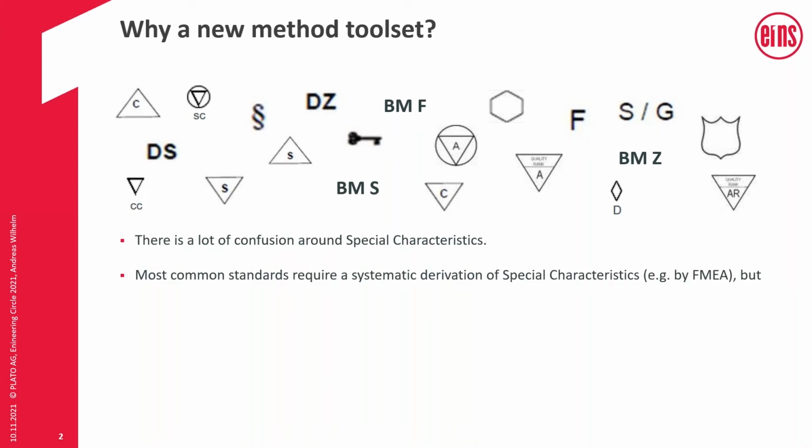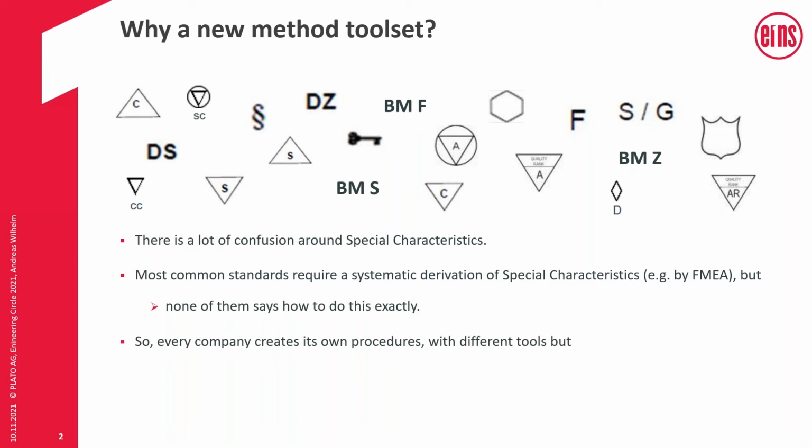And most standards which we have to work according to require a systematic derivation of special characteristics, for example, by the FMEA or by other methods. But none of them says how to do this exactly. So it is not described how to work with these special characteristics. This leads to every company creating its own procedures with different tools.